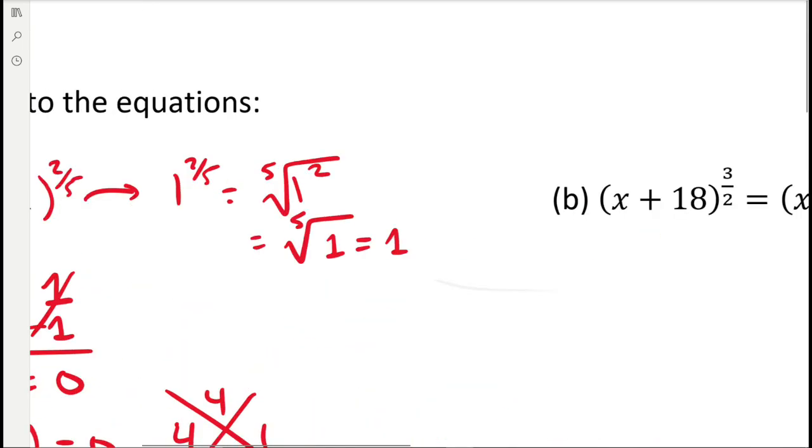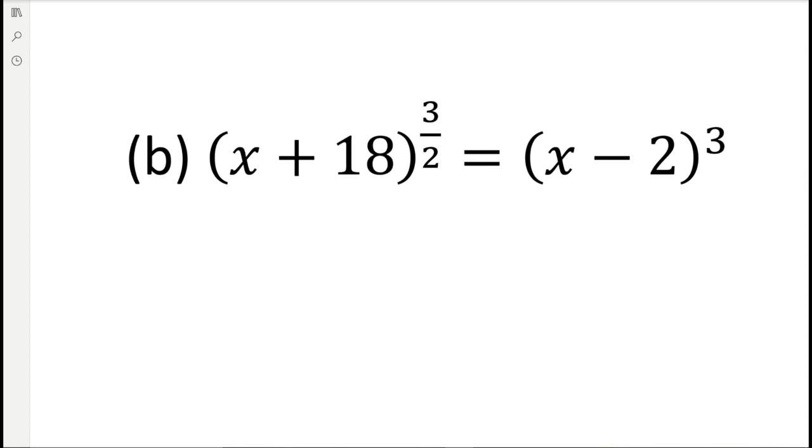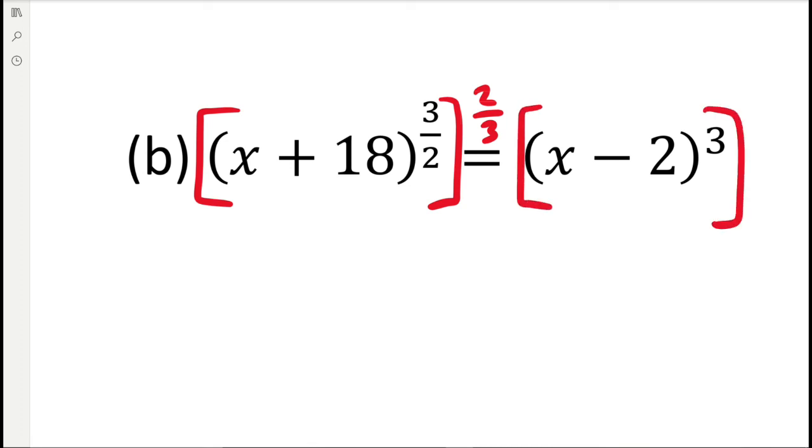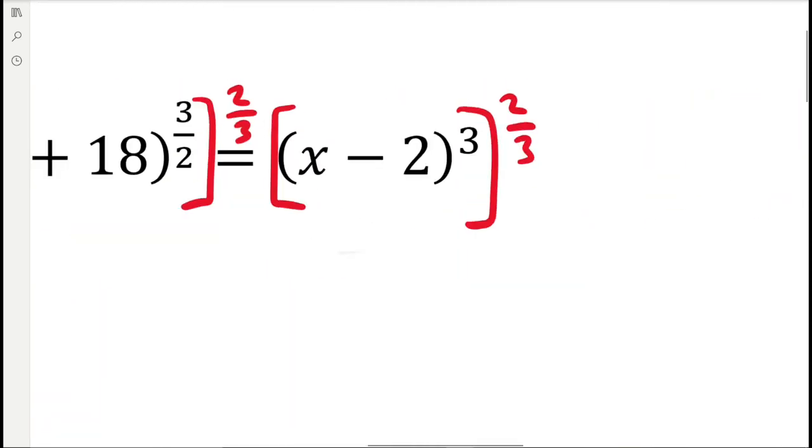All right, so that's how you deal with rational exponents. Let's look at one more here. So we have here a rational exponent on the left side. It's already isolated, so let's go ahead and get rid of it. Raise it to the 2/3 power. Do the same thing on the other side. You can think of this 3 here as a 3 over 1.